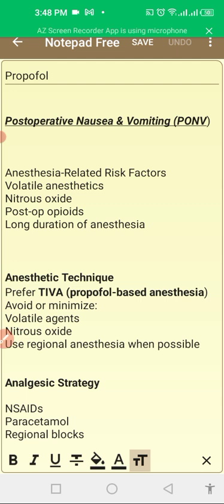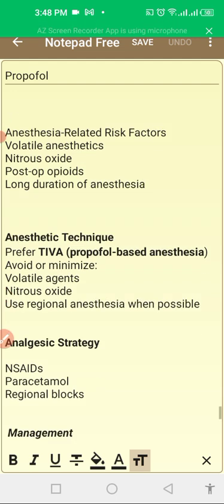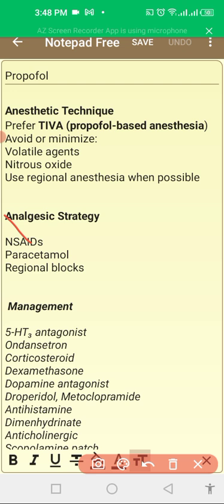So nitrous oxide, inhaled anesthetics, and opioids should be minimized in patients, and preference should be given to regional anesthesia like spinal anesthesia. So analgesia techniques like NSAID, paracetamol, or regional blocks are required in patients who are more prone to PONV.